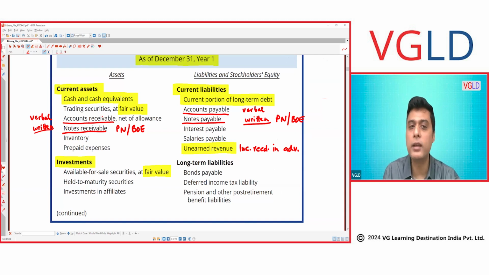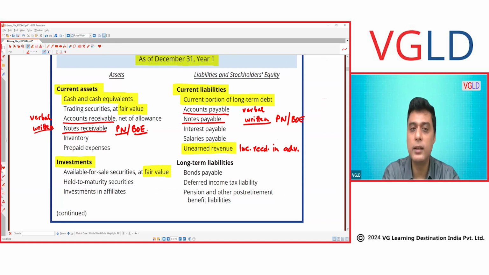There could be some documentation like the invoice, but still it is considered verbal because the AR party has not given anything to you in writing in the form of a promissory note or a bill of exchange. You have given them goods, you have sent the invoice, they may have also signed the invoice and given a copy back to you, but still it will be considered under AR. Note receivable is when specifically they give you a promissory note or a bill of exchange.